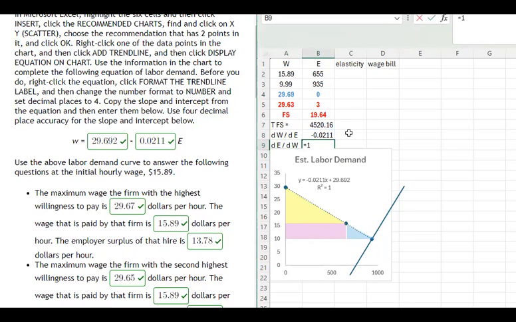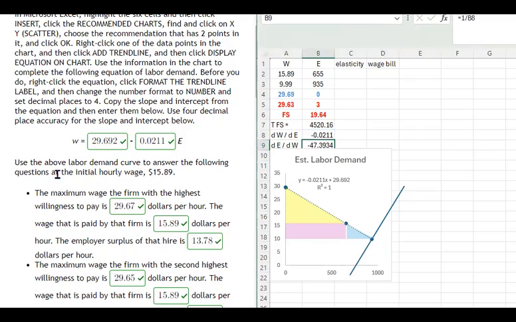We're going to divide it into 1, so that's the change in employment over the change in wage. So if wages go up by $1 per hour, then employment's going to fall by 47. That's what that means.